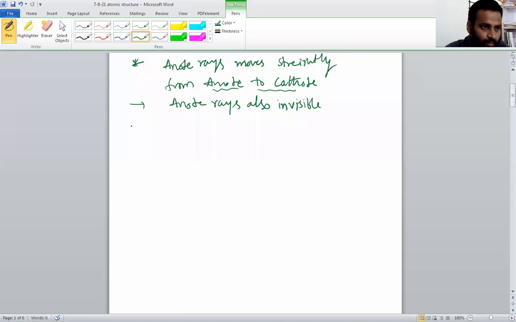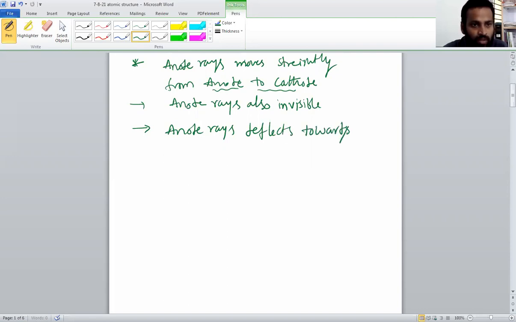Anode rays also deflect, or not? Yes, they deflect. Anode rays deflect towards what?